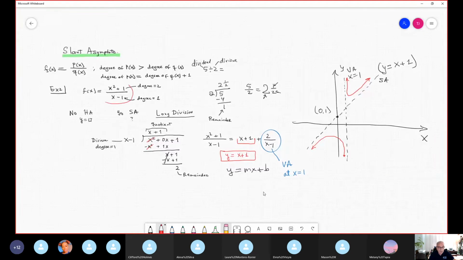But the important thing I want to discuss now is determining the equation for this slant asymptote. I promise today I bring 3 examples to integrate everything. Can you see the methodology to analyze a rational function step by step?